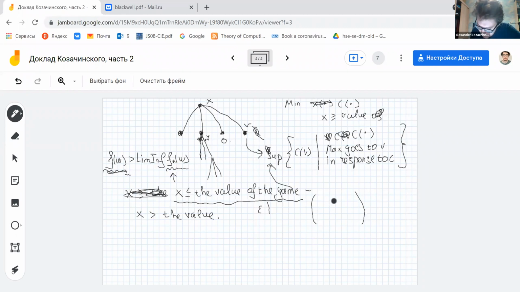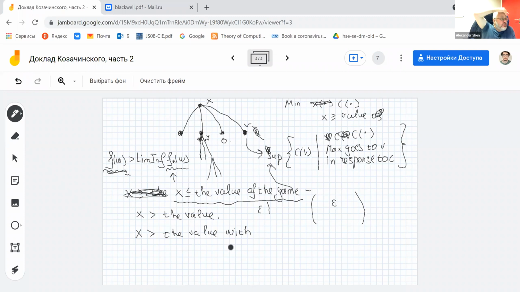So assume that I add epsilon to everything, and it still gives me some tuple for children, and still X is greater than the value of the game with this epsilon shifted tuple. It means that this epsilon shifted tuple is a valid move for min in the auxiliary game, in the refutation game.